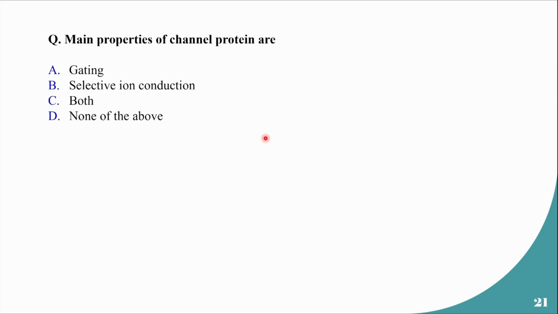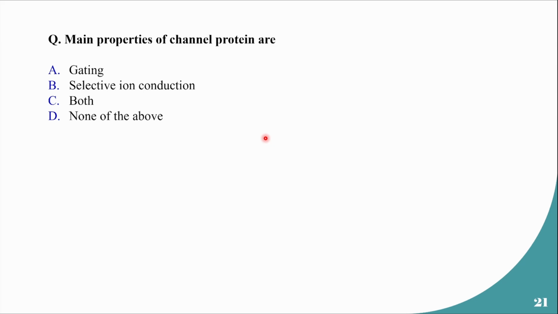Now, I believe Professor Gumiha went over some of the concepts regarding the functions of proteins, the structural proteins and the functional proteins. So here the question asks, for a channel protein, what will be its main properties?